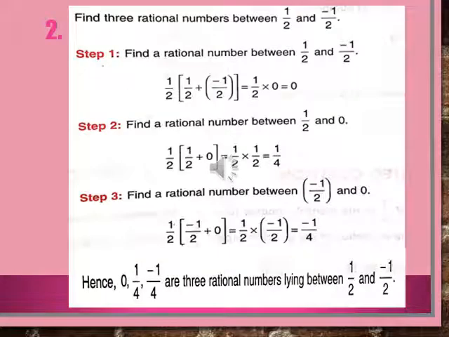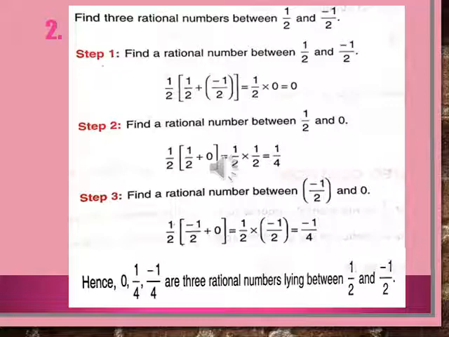Now here we will see three rational numbers between 1/2 and -1/2. First we will find the first number. We first add these two numbers and then divide by 2.